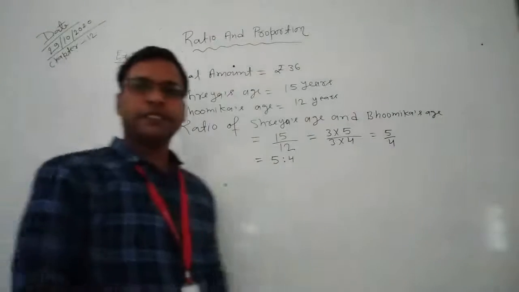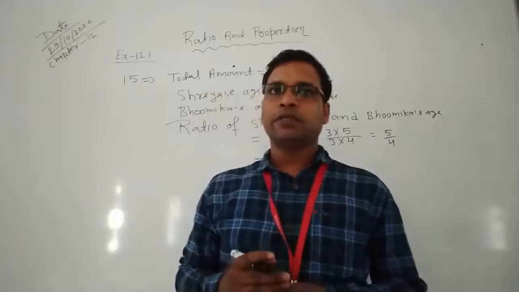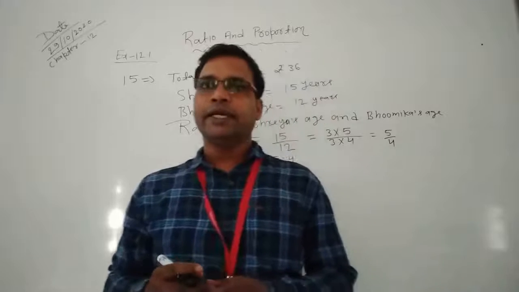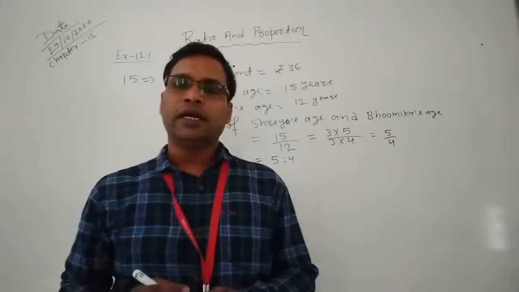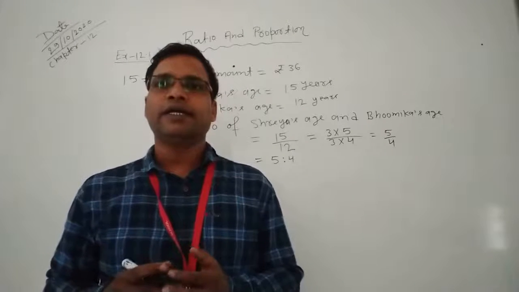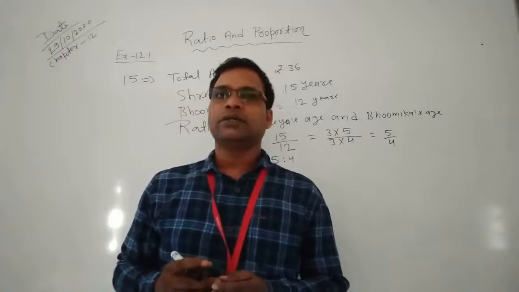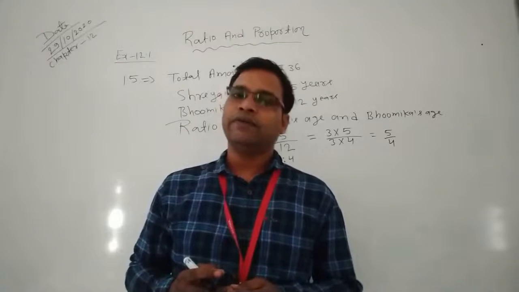In this question, this is given that the mother wants to divide 36 rupees between Shreya and Bhumika in the ratio of their age, and also given age of Shreya is 15 years and age of Bhumika is 12 years. Okay, so we need to find how much Shreya and Bhumika will get.